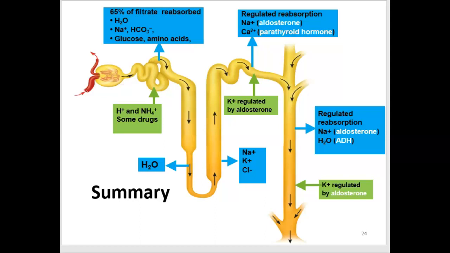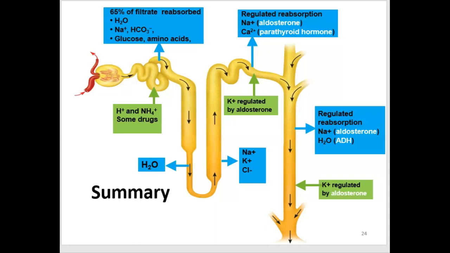Notice that everything that's in blue is reabsorption and everything that's green is secretion. 65% of reabsorption happens in the proximal convoluted tubule, including sodium, water, and those organic nutrients. Hydrogen ions can also be secreted into the nephron tubule, as will potassium, not listed there.